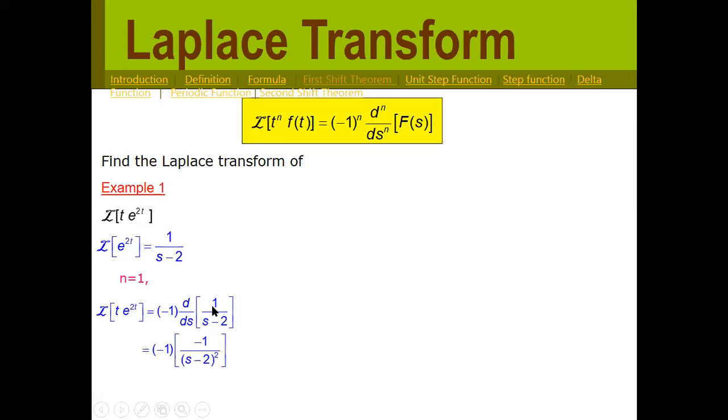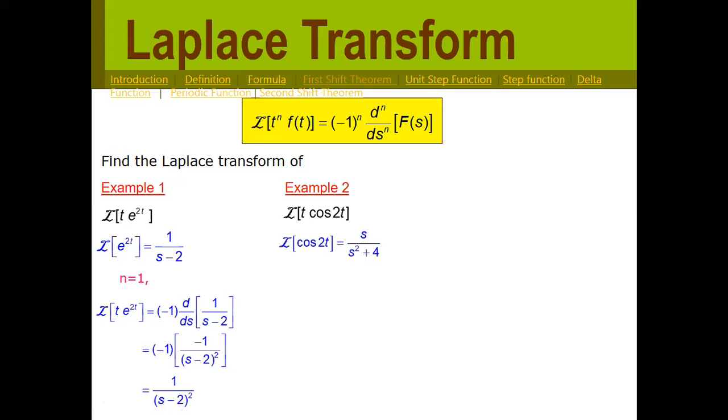So U prime is 0, V prime is 1. So buatlah V U prime minus U V prime over V square. Dapatlah jawapan ni. Minus 1 over S tolak 2 square. And don't forget to multiply with the minus 1 kuasa 1 ni lah sebab N dia 1. Clear tak? Okay, so ni answer dia.